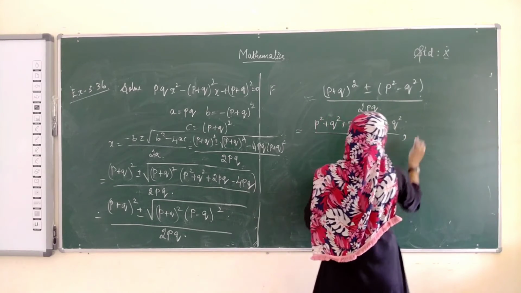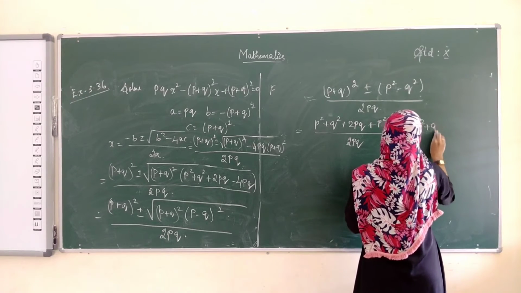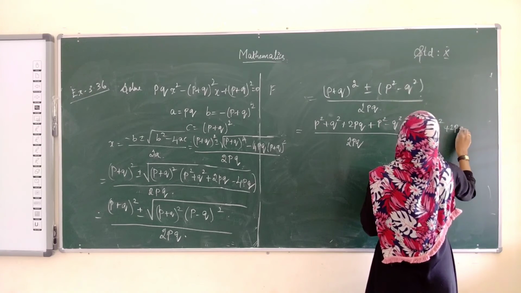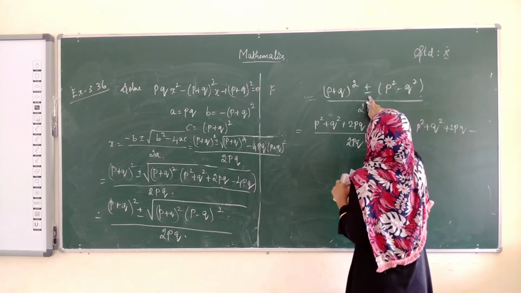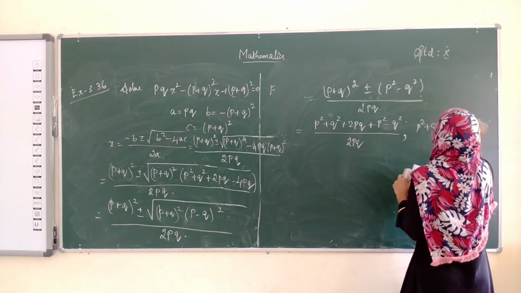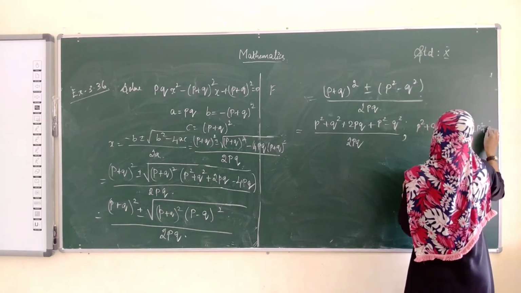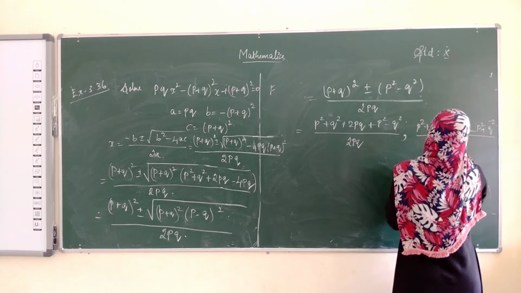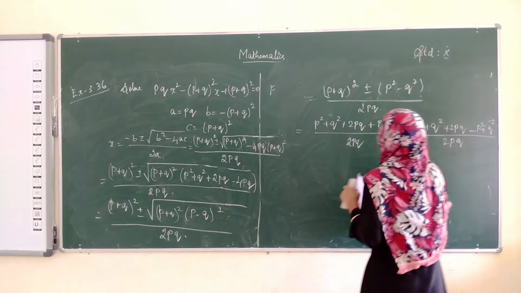The another value is p square plus q square plus 2pq minus p square, minus into minus is plus q square, divided by 2pq.